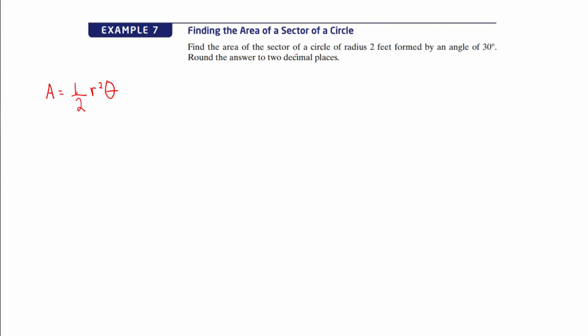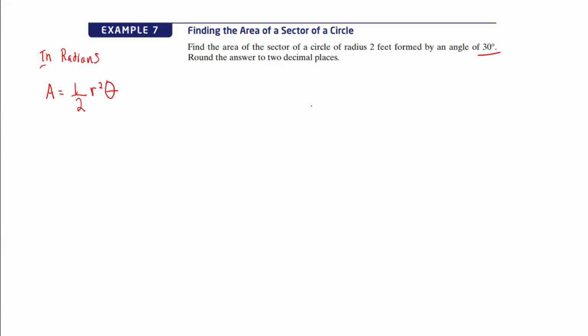We're going to find the area of the sector of a circle. Radius is 2 feet, and it's formed by an angle of 30 degrees. Okay, so we've got a situation here where we're in degrees, but we need to be in radians. All right, we didn't solve our formula for degrees, we solved it for radians.